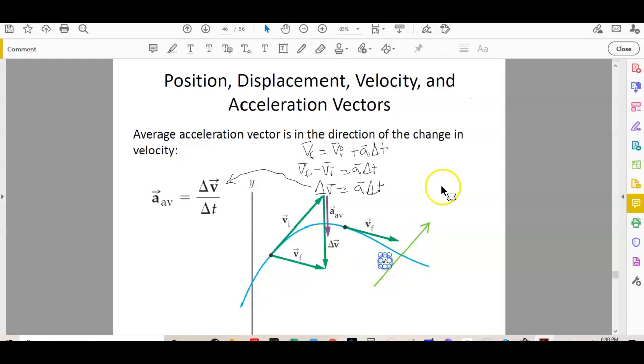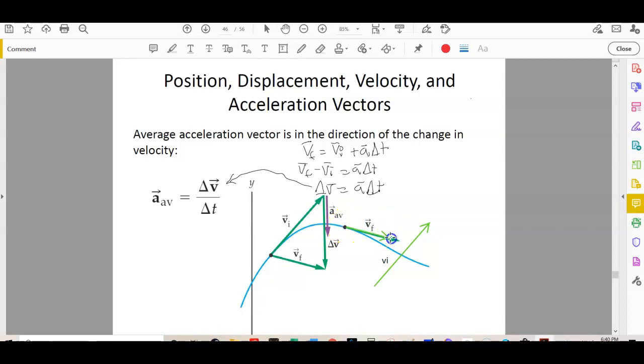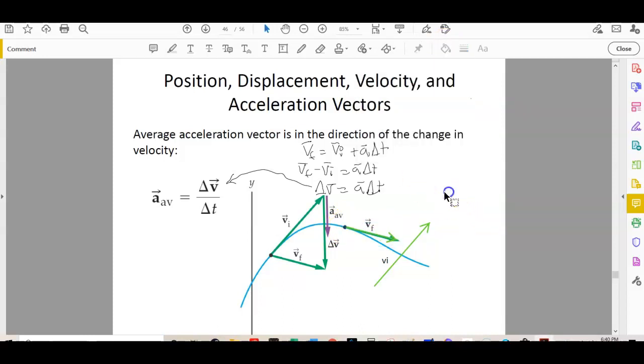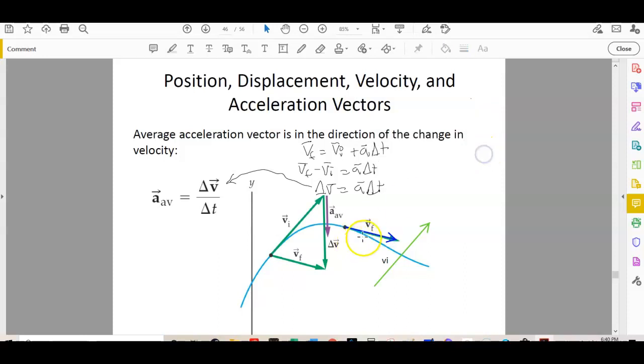So this is my initial velocity vector. Now we have a final velocity vector that is given just like this, and I'm going to use blue for final velocity. And I've got to remember to do the borders as well. So here's the final velocity vector, which now gives us our other problem.